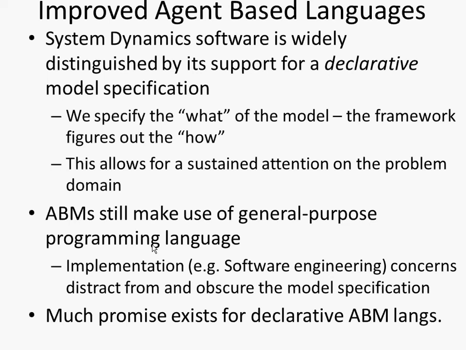You describe the what of the model you want to build, and you let the system figure out the how. You describe, okay, there's stocks and there's flows, and they're linked together with this, and flow depends on a stock in this sort of way, and the model figures out all the details of how. You don't get involved in variable declarations and for loops. You don't get involved with the software engineering of it. You characterize what you want to be simulated, and a modeling framework will take care of the details.